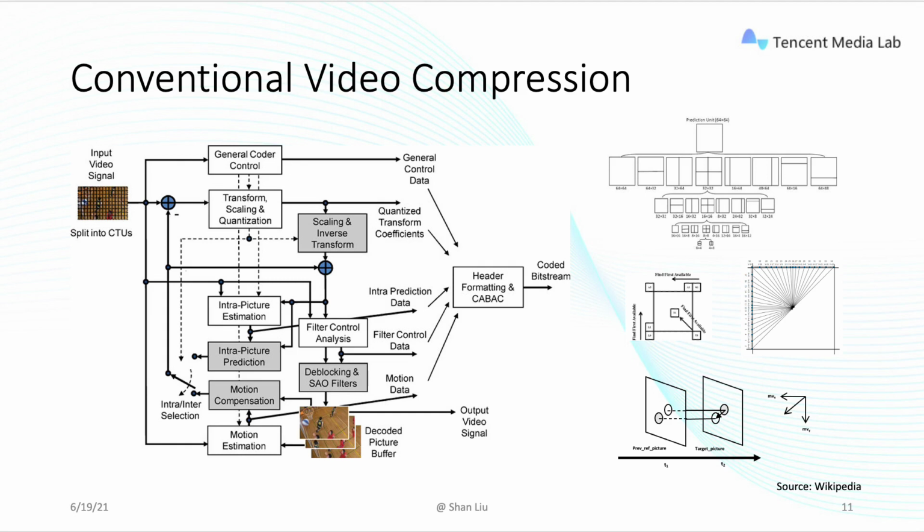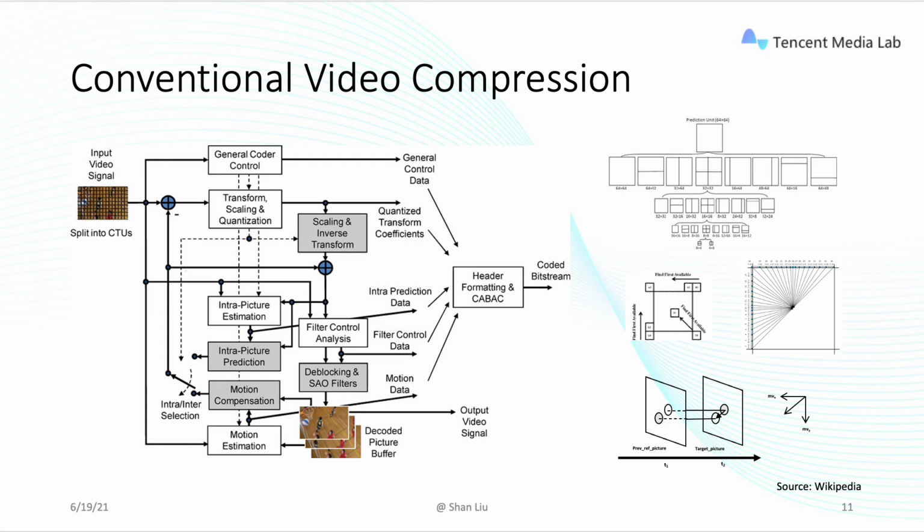technologies, and some of them were used to form several generations of video coding standards, such as the well-known MPEG-2, H.264 AVC, H.265 HEVC, H.266 VVC, AV1, etc. And this slide presents an example HEVC encoder.